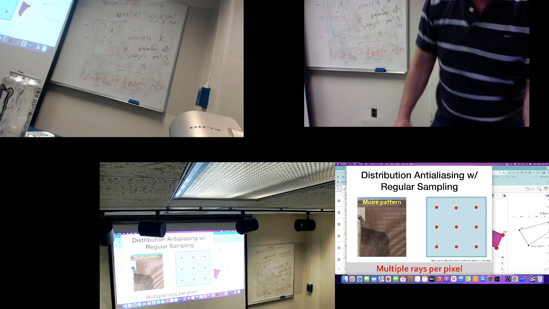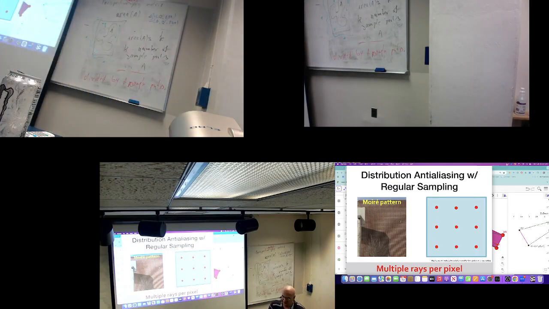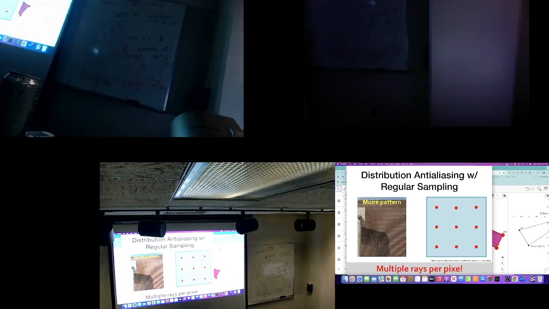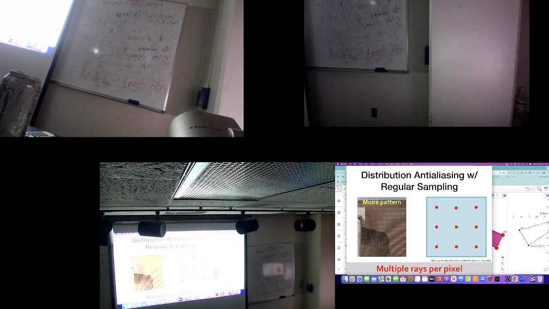What about the Moiré pattern? So this is a picture of a brick wall, a classical example. That's just the image of a brick wall without any processing.